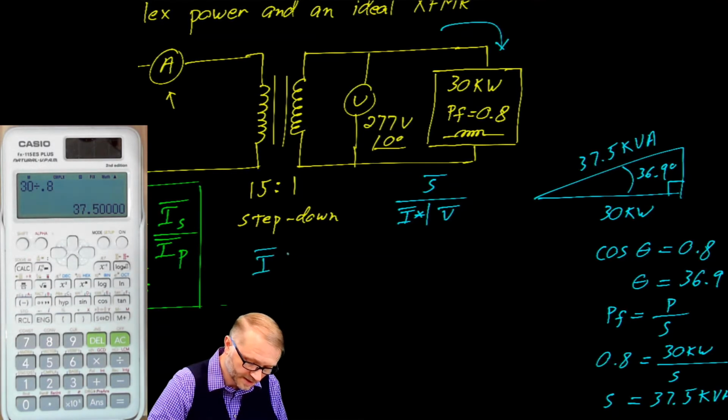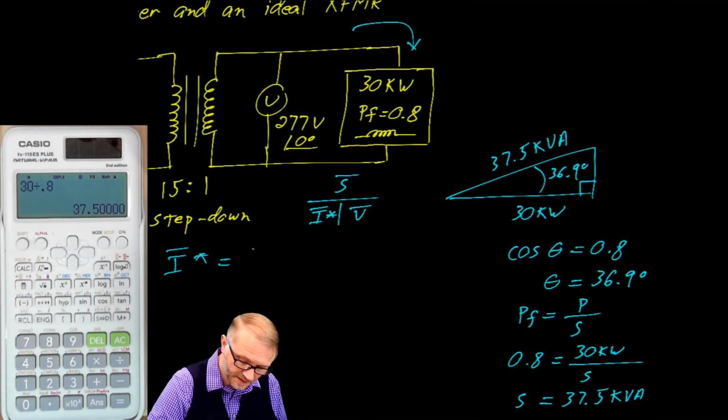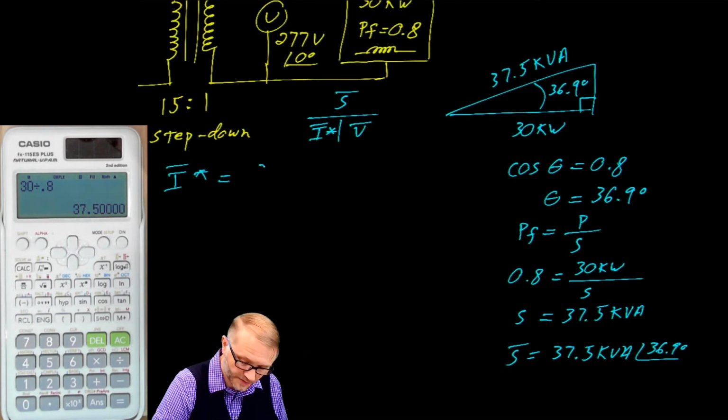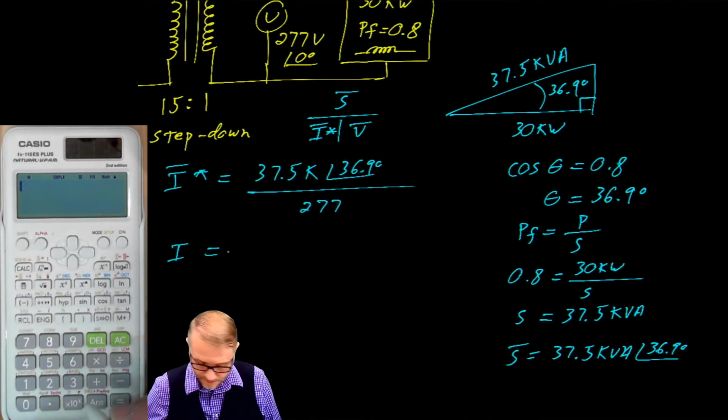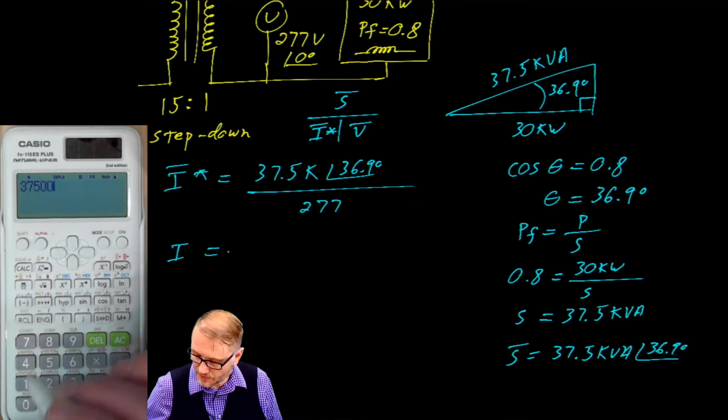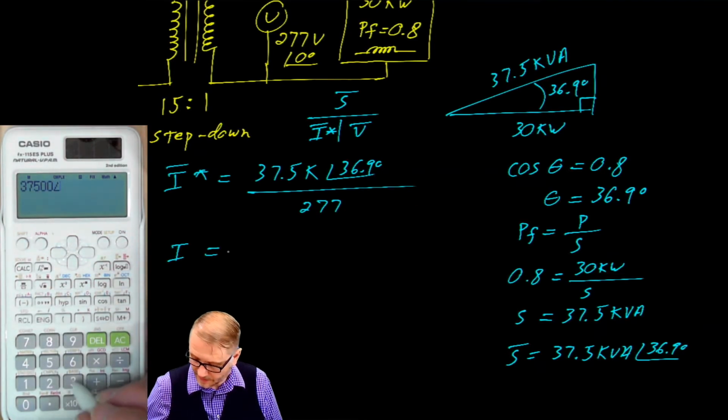The complex conjugate of that current is equal to S, which we just calculated, so that's 37.5 k at a phase angle of 36.9 degrees, all over 277. So that is equal to 37500 at a phase angle of 36.9 divided by 277.